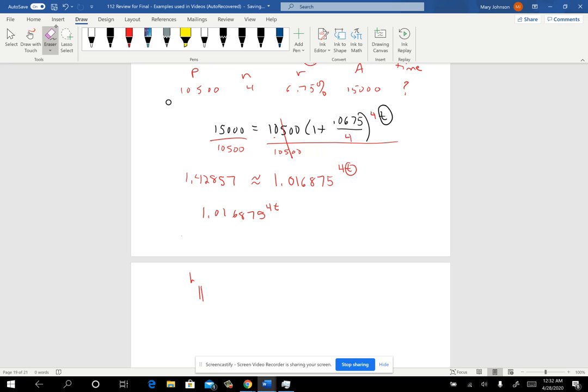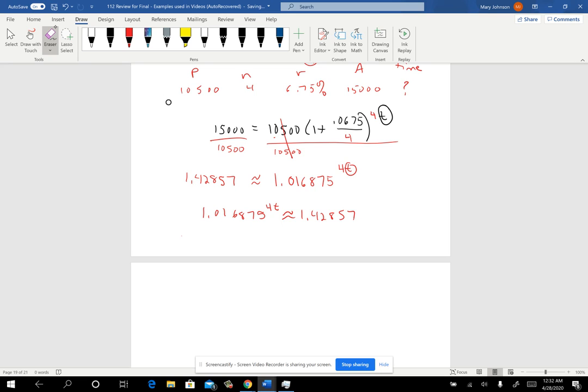And then let me put the 1.42857, and there's no set number of decimal places. I'm just saying if you're not going to leave it as 15,000 over 10,500, you don't want to introduce round off error. So keep a lot of decimal points.